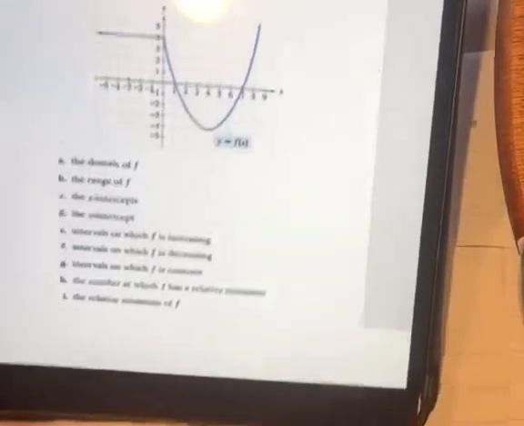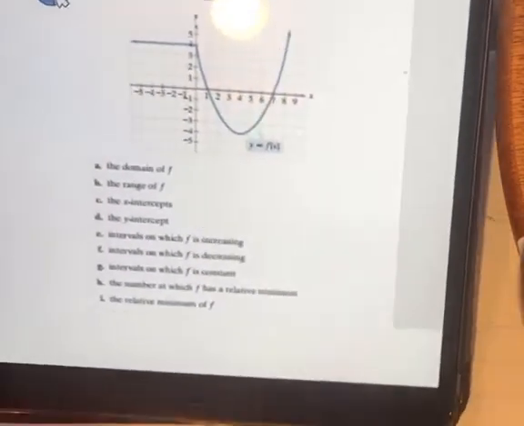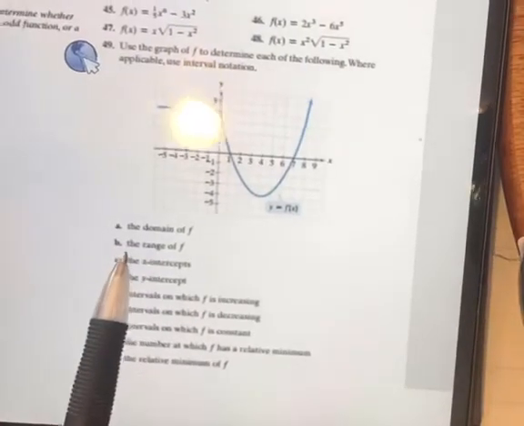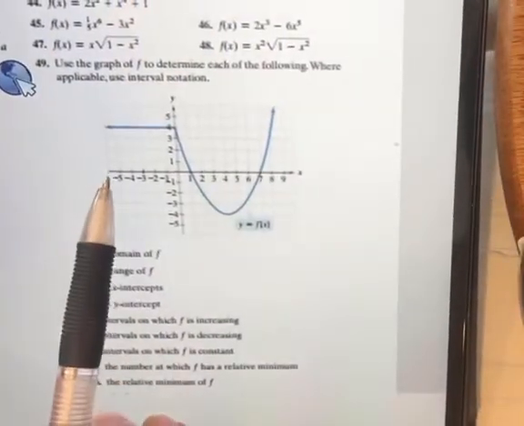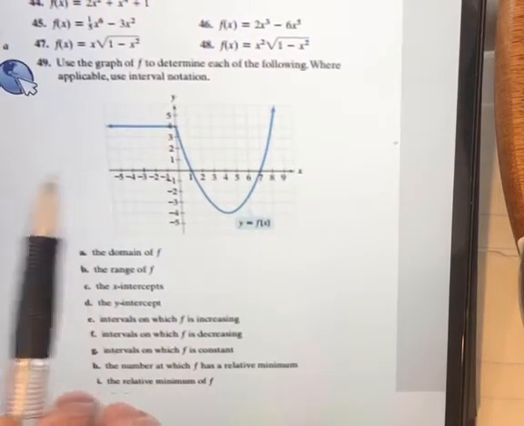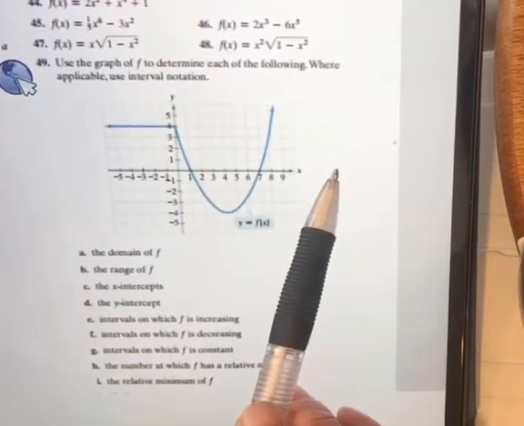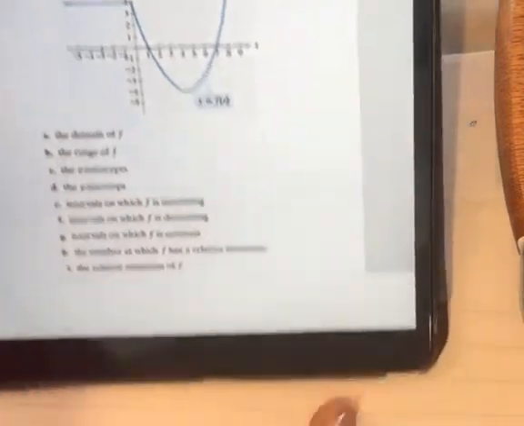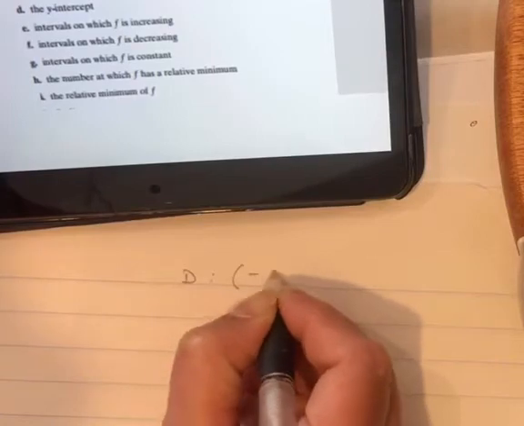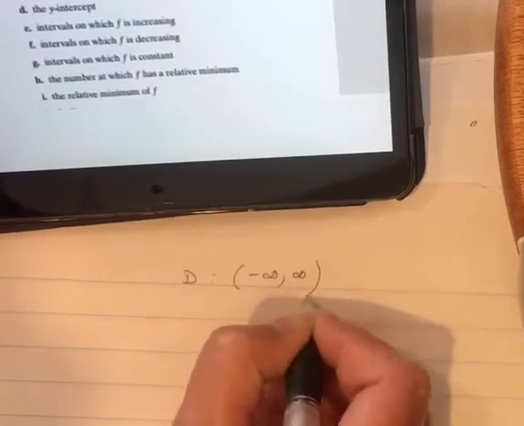Domain is the values of x. You can see the x values are going from beyond negative x from here to positive infinity. Therefore, you say the domain is from negative infinity to positive infinity.